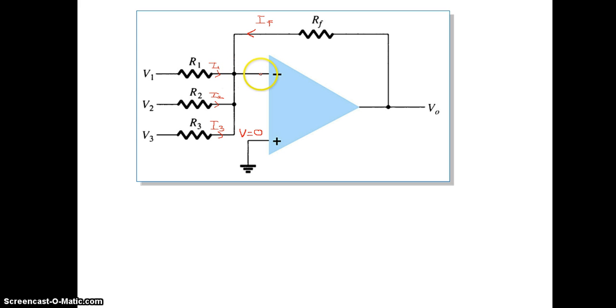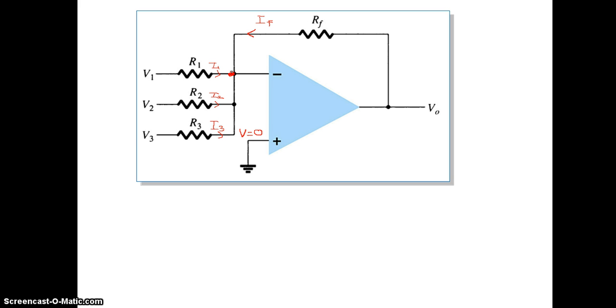So this current is 0. If you apply KCL at this node, four currents are meeting. IF is entering, I1 is entering, I2 is entering, and I3 is entering this node. So all the currents are entering this node.